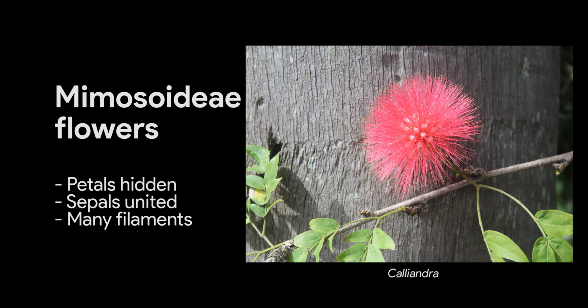We call this radially symmetrical. Sepals are usually joined at the base. Flowers have numerous stamens arranged in showy spikes, usually yellow or cream coloured, providing the main floral display.